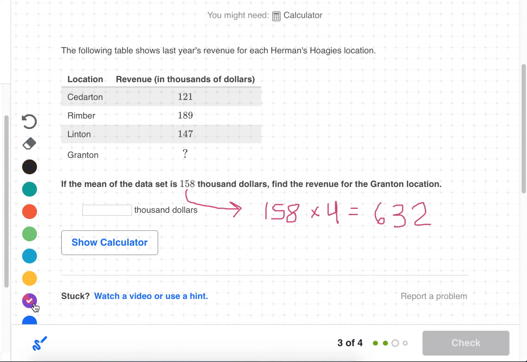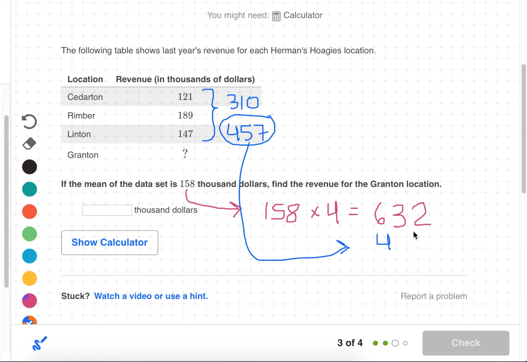Now let's add up what we currently have. Currently, these 3 numbers add to, let's see, 190 plus 120, 310 plus 147 is 457. So that's the current.